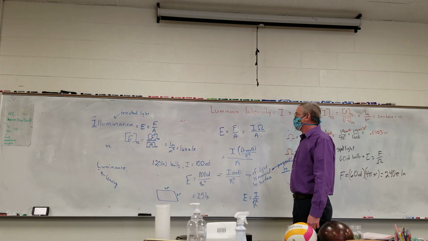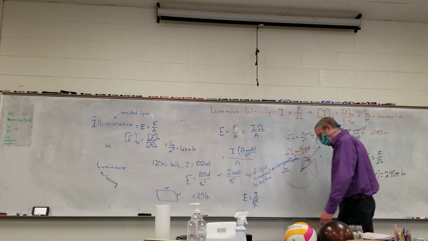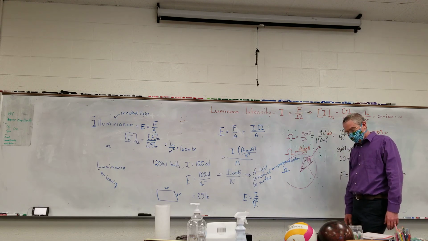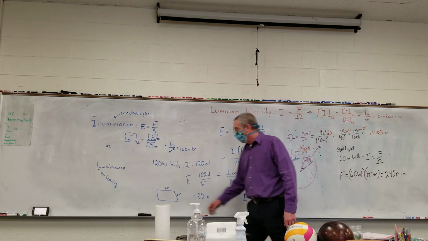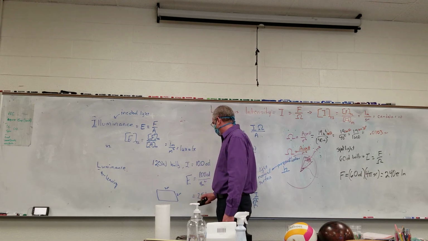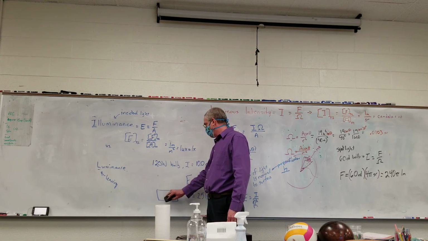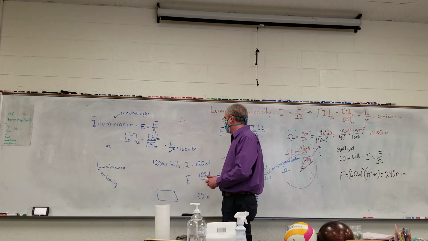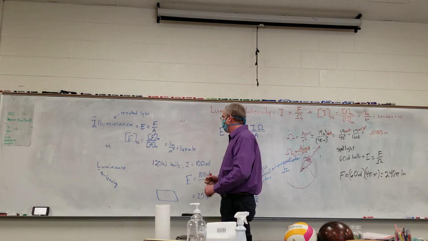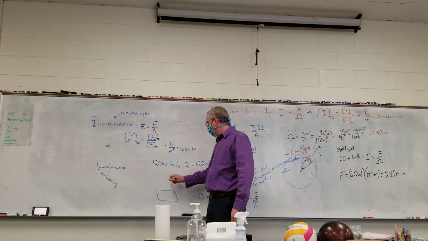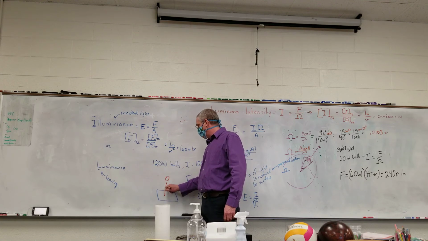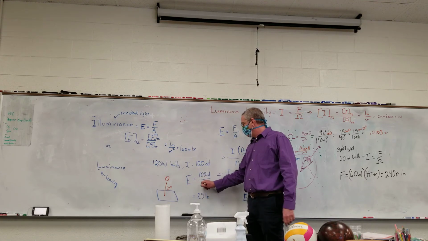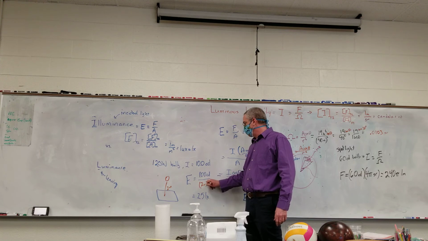Yeah, you're right. I mixed the formulas in my head. So I've got my bulb here, and this is 2 meters away, thank you. So then it's 2 meters squared.